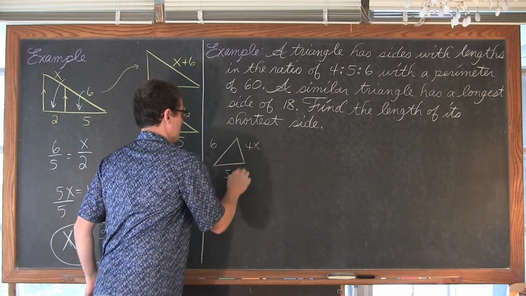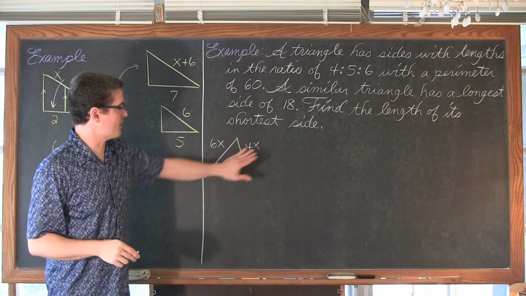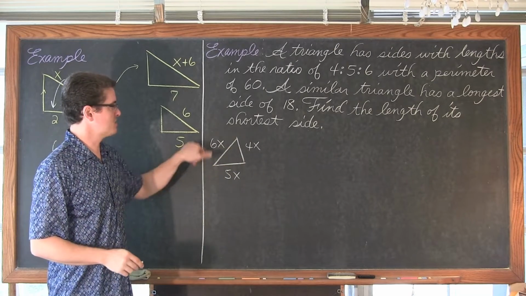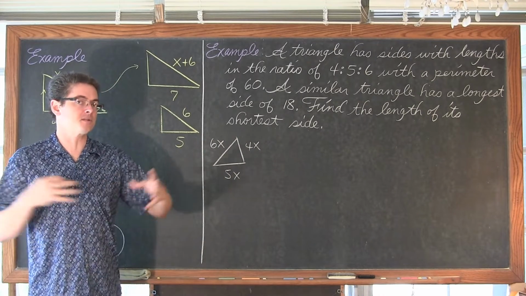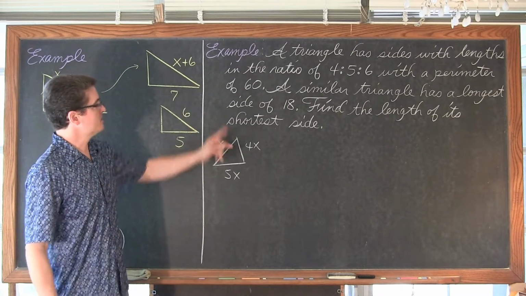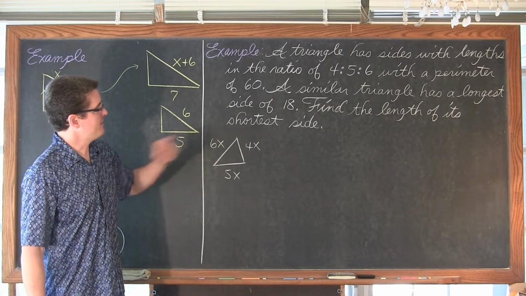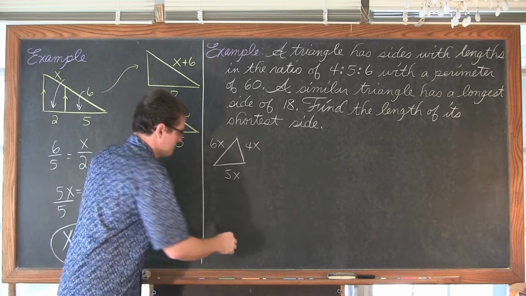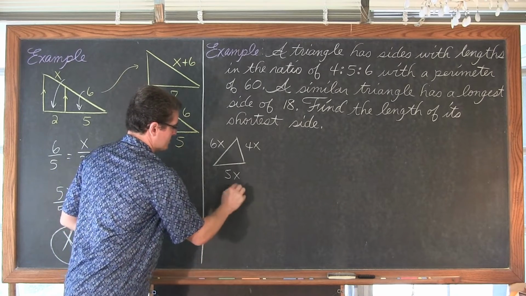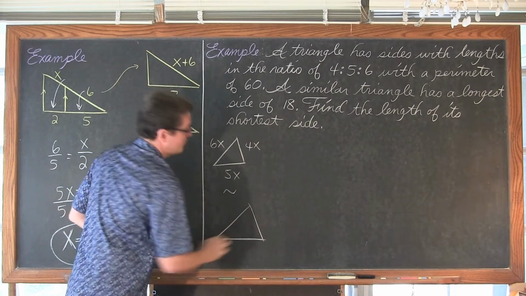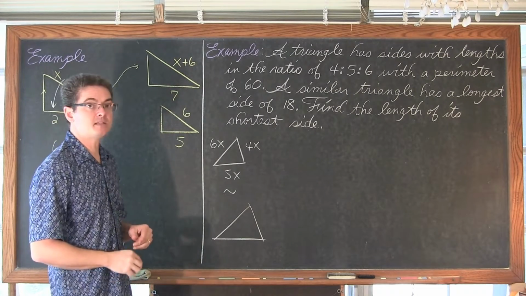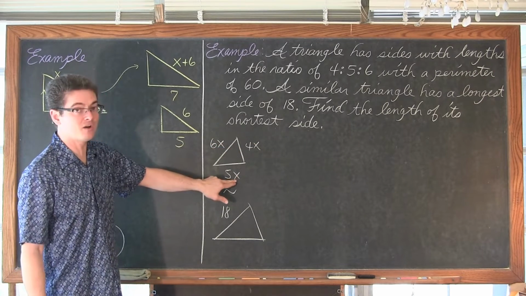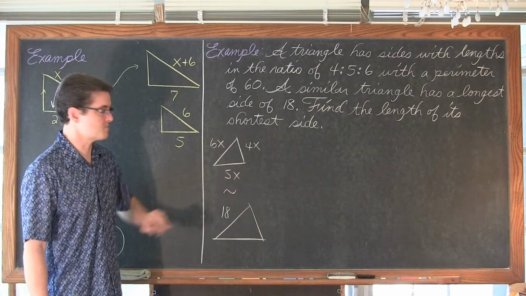So we're going to let those be unknown lengths, but have it be 4x, 5x, and 6x with that common scale factor on each of those three sides to allow the size of this triangle to either increase or decrease to match that perimeter of 60. So we have a triangle with this ratio with a perimeter of 60, a similar triangle, which I don't know if it's going to be larger or smaller, but we have another similar triangle whose longest side is 18, and I think it's pretty safe to assume that if x is the same for all of these sides, the 6x is going to correspond to the longest length.